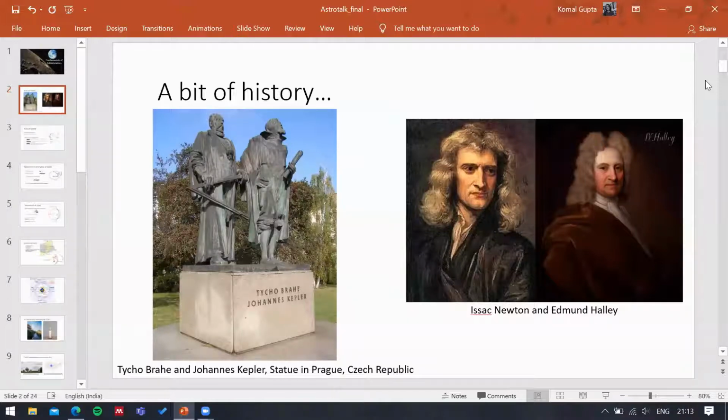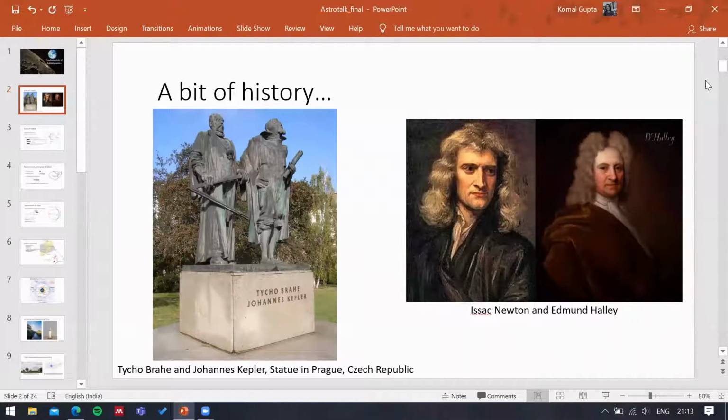Astrodynamics started with two people who are mainly credited with the foundation of the field in the early 17th century. The first of these two people were as contradictory in their personalities as anybody else.